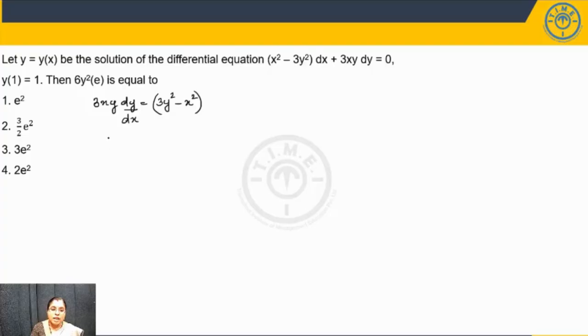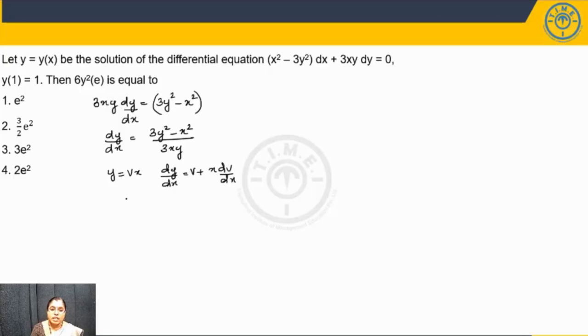So now we have dy by dx is equal to (3y square minus x square) whole divided by 3xy. When you replace y by vx, we get y equal to vx and dy by dx is equal to v plus x dv by dx.